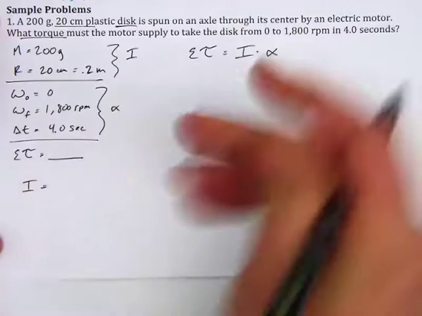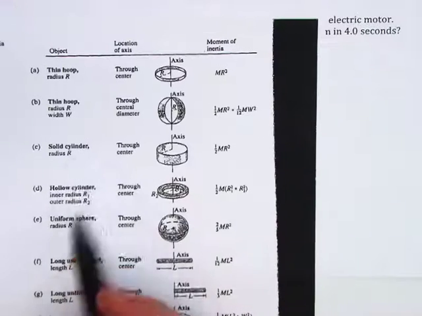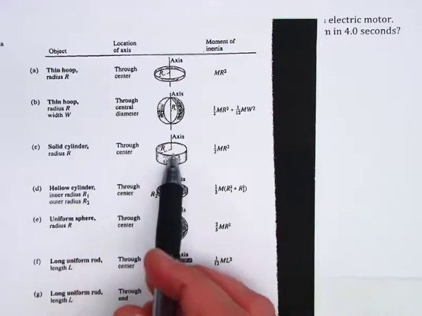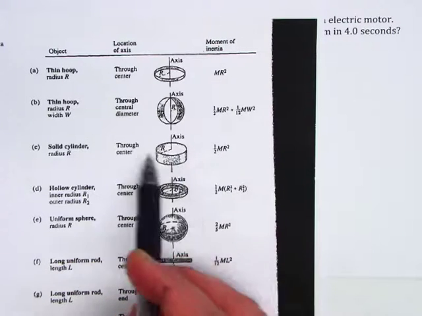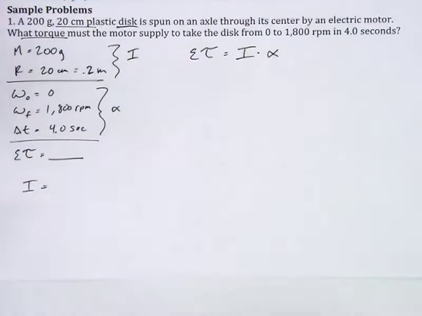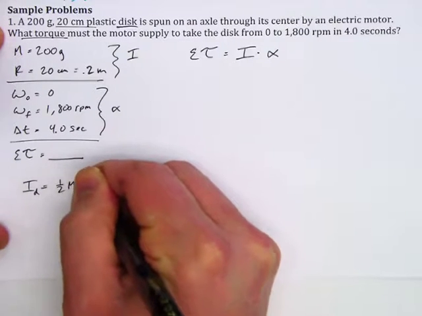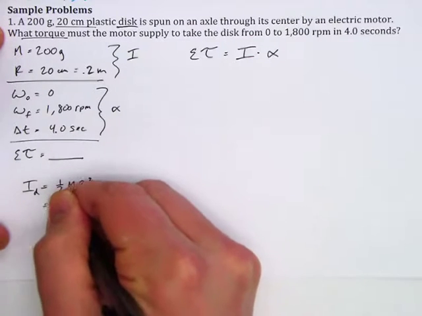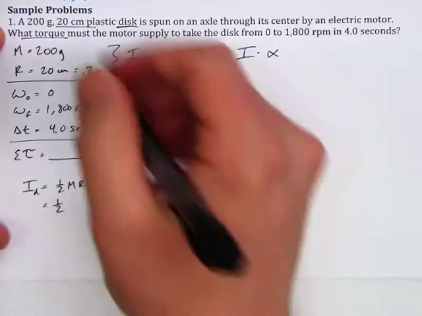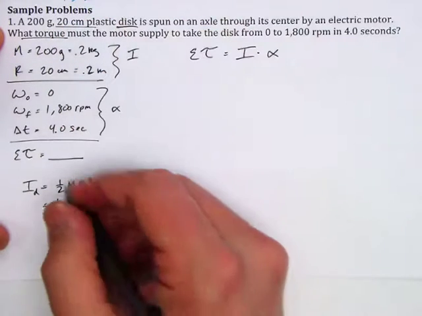So I look at my table for a disk. A solid cylinder, that would be my disk. So my moment of inertia about the center is 1/2 mr squared. This one we're going to use a lot. And I want to be in standard units. So 200 grams becomes 0.2 kilograms. 20 centimeters becomes 0.2 meters.